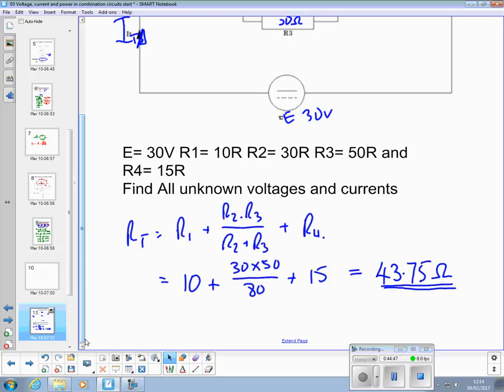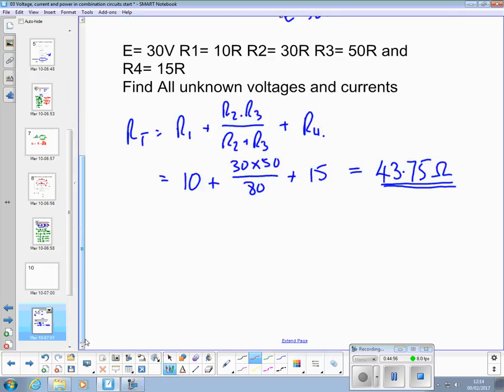Next. Now we know that total resistance, what can we find? We can find a total current, so we can find IT is equal to, Dom? That is 30 over 43.75 equals.